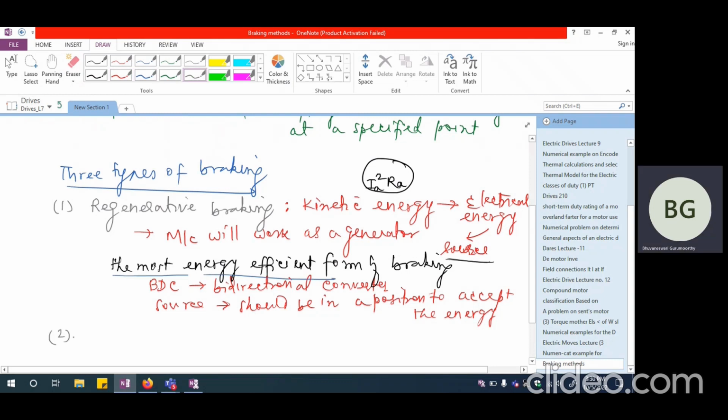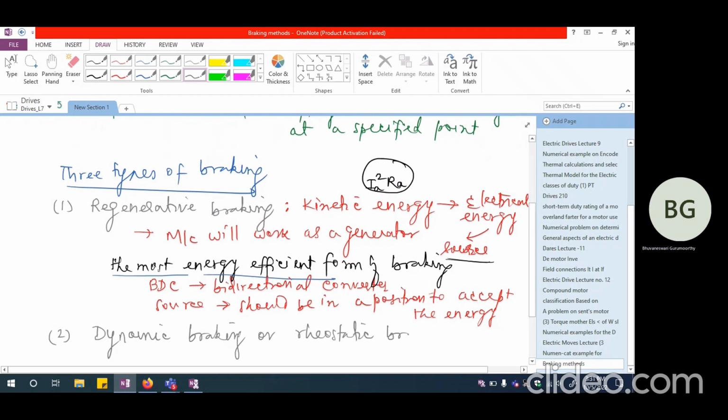The second type of braking is called dynamic braking, or rheostatic braking.